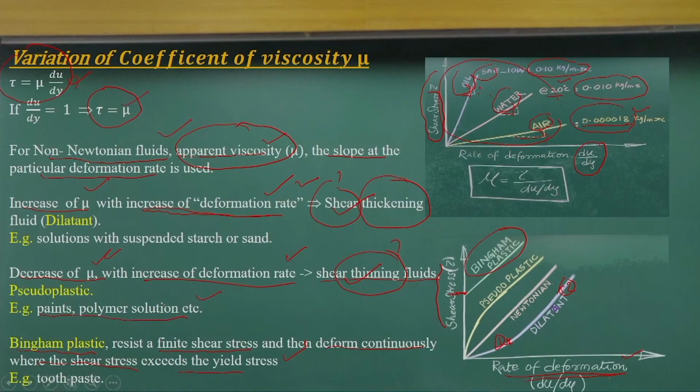But in the case of pseudoplastics, we have polymer solutions, whereas dilatant is basically solutions with suspended starch and sand. In this presentation, the coefficient of viscosity indicates how deformation takes place in a fluid element, and the relationship between deformation rate and shear stress can be linear or non-linear.